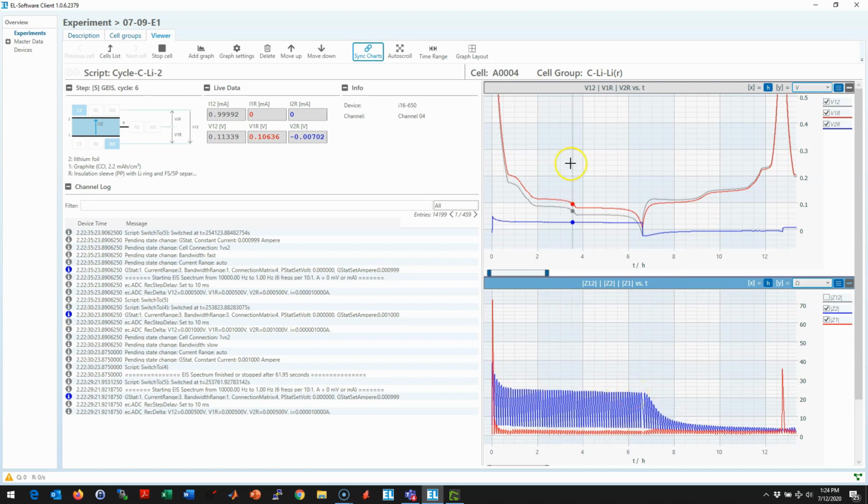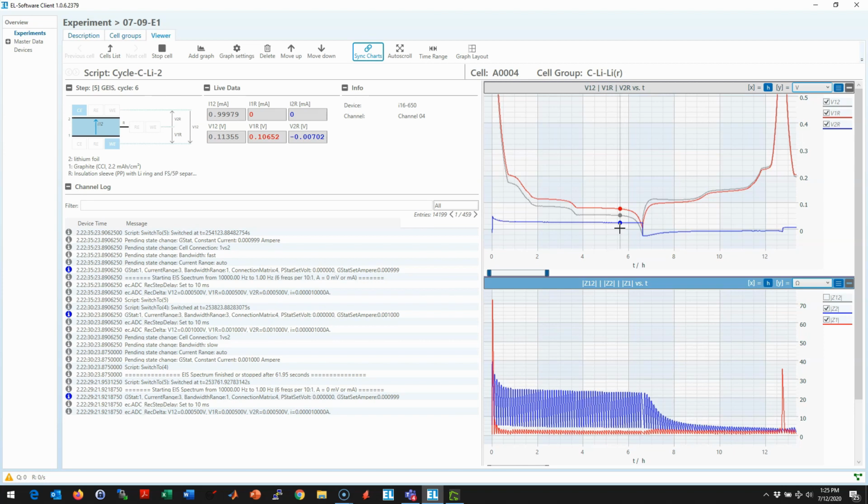What you can also see in this diagram is the nice plateaus in the half cell voltage of the graphite electrode, red curve, and the difference between the gray curve, full cell voltage, and the half cell voltage due to the overvoltage at the lithium metal electrode. And this is especially important at the vertex point of the cycle.